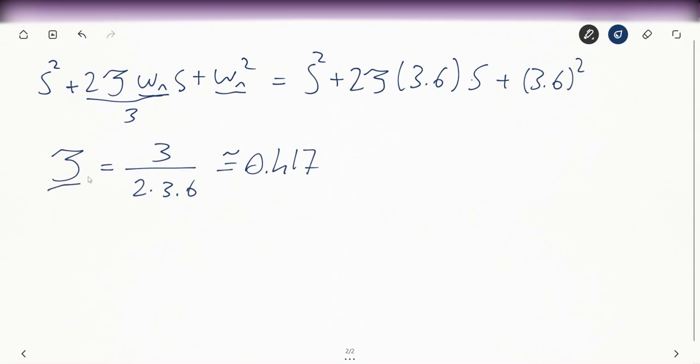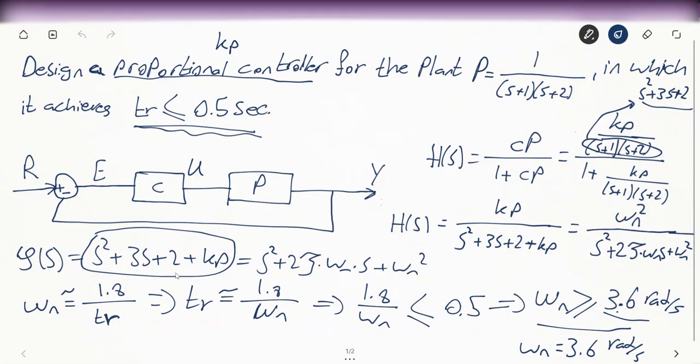So now we have found omega n. We have also found zeta of our system. Now we know the undamped natural frequency and the damping ratio of our system. This is very good. We need to find the appropriate KP, the controller that we are desiring to design. From our transfer function, we may see that KP plus 2 should be equal to omega n squared.